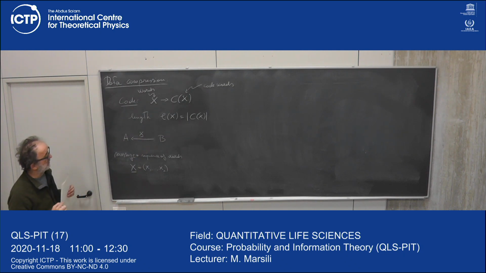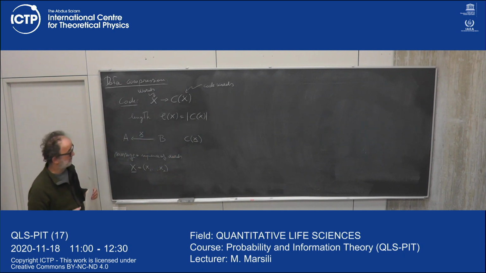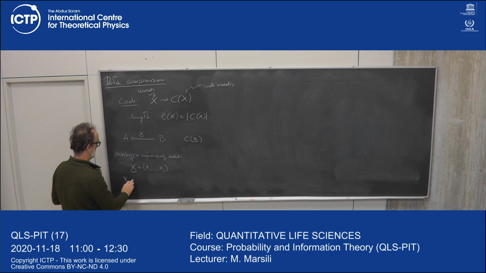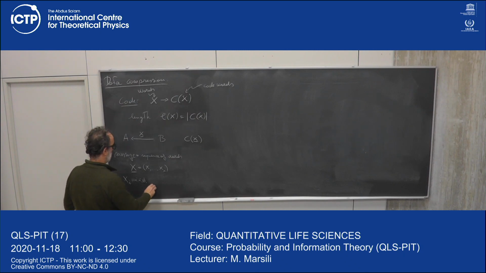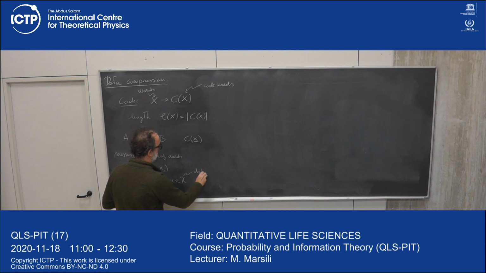And what we have seen in Shannon's theorem is that we have already found a code for messages produced as a sequence where these x_i are independent and identically distributed words from a distribution P of x from a given alphabet.